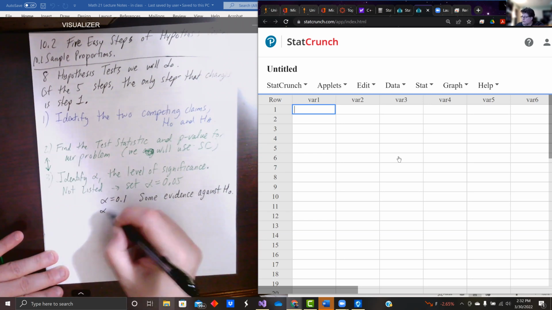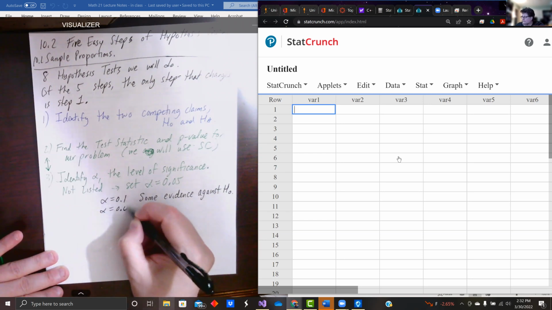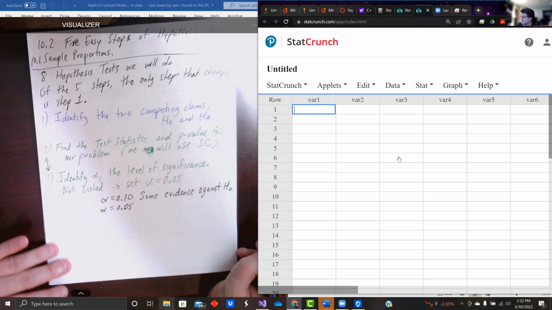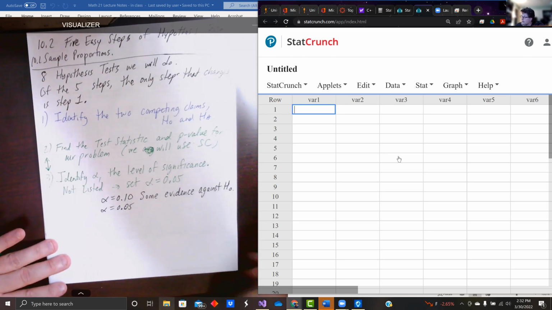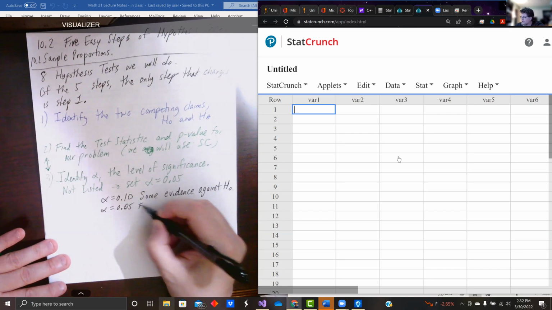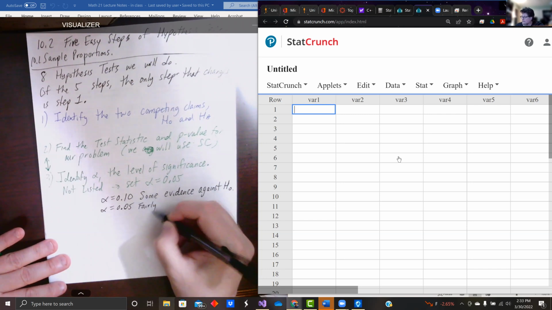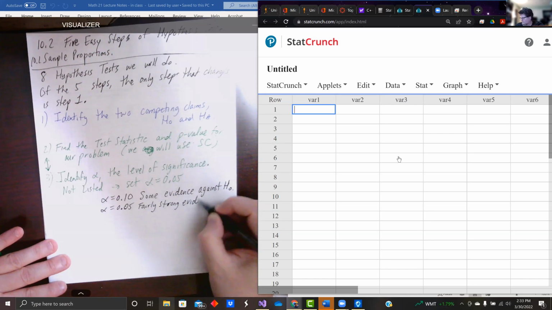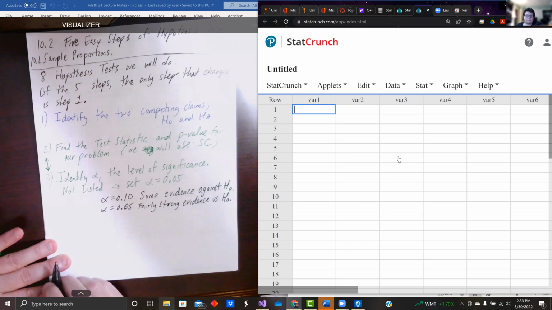And if alpha equals 0.05, I'm going to put 10 because I think it's easier to see how these numbers are going. We've got fairly strong evidence against H naught or versus H naught.